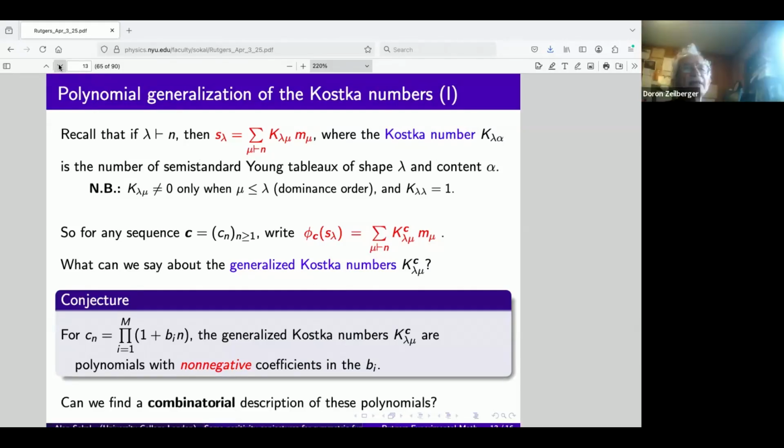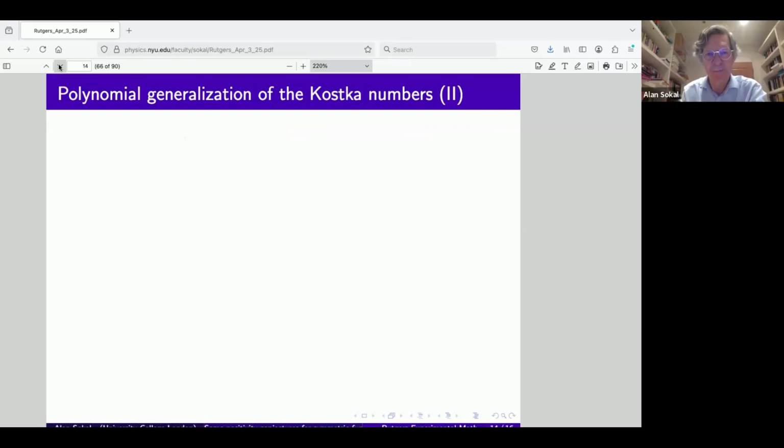Do you believe there's a combinatorial interpretation to the generalized Kostka numbers, like putting some natural weights on the? That's what I'm hoping. That's what I'm hoping, and I'll show you my incomplete conjectures about that. I mean, in fact, nothing's proven, but I'll show you a partial conjecture.